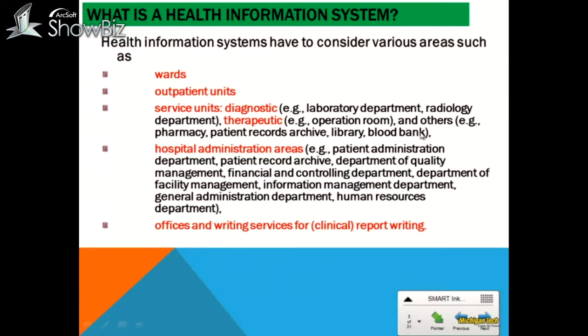In the hospital, we have wards, outpatient units, and service units, such as diagnostic, including the laboratory department and radiology department, and also therapeutic, such as the operation room, and others, such as the pharmacy, patient records, library, blood bank, and so on.